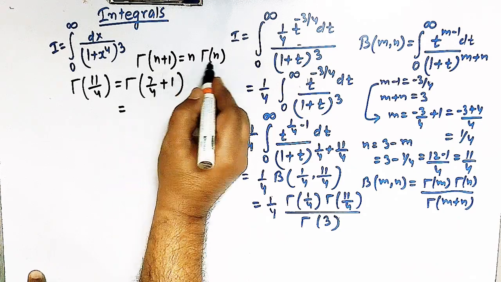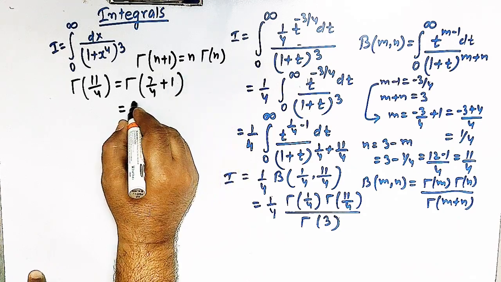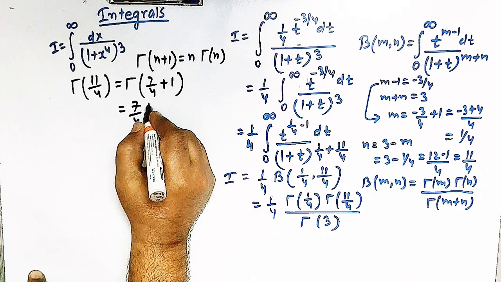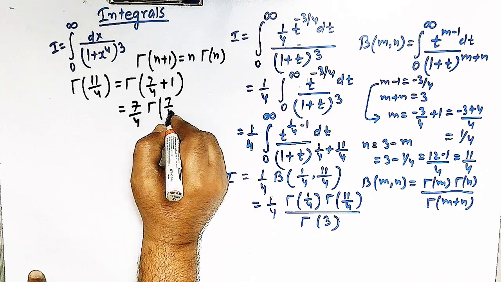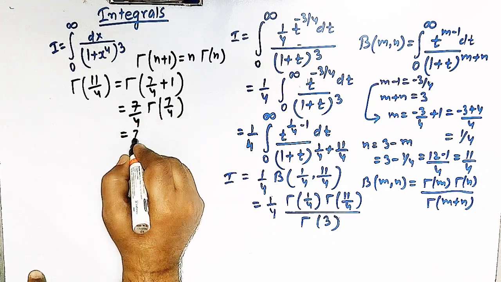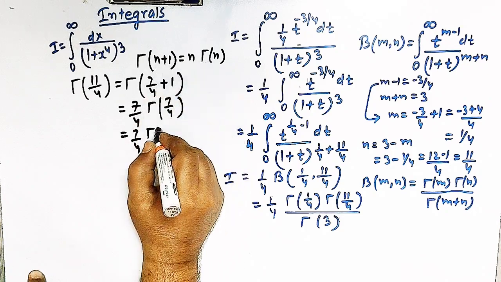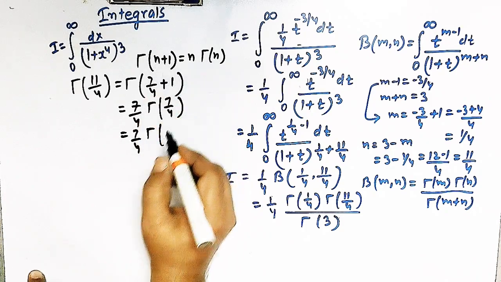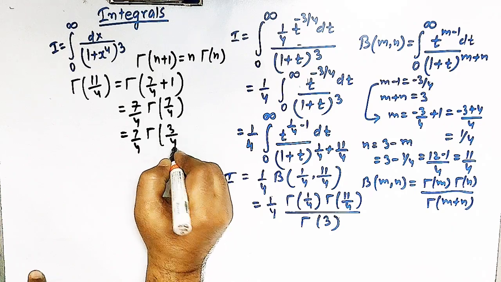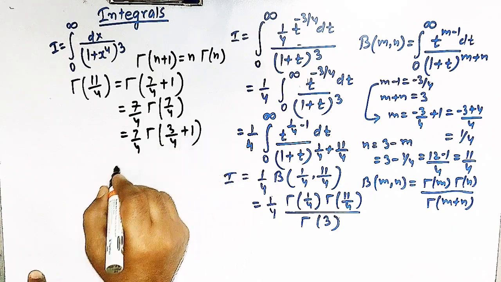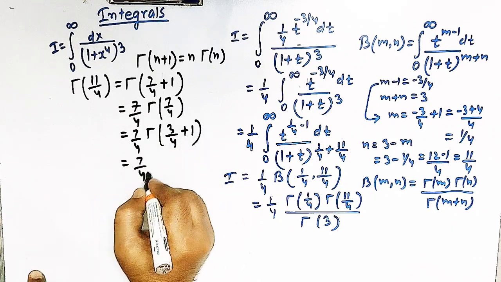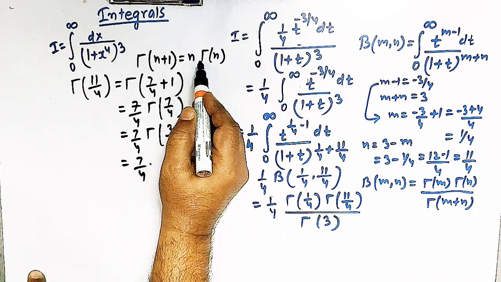So with the help of this relation, we can now write 7 over 4, and here we have gamma 7 over 4. So now let us again make use of this result, and 7 over 4 can be written as 3 over 4 plus 1. So now let us again apply this rule.